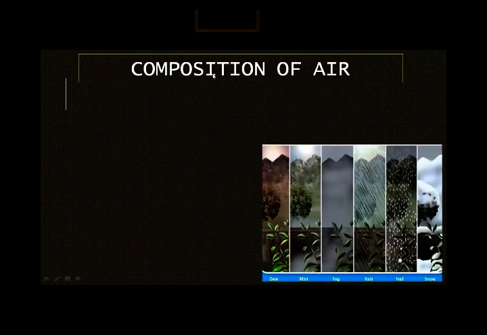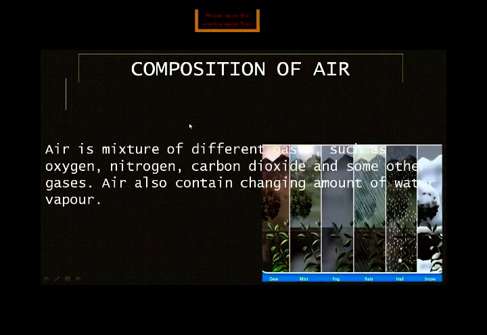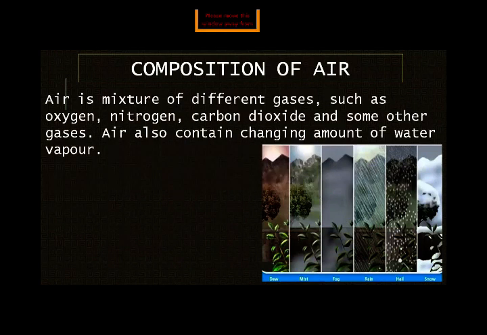It is because of the composition of the air and the changing water vapor. Air is a mixture of different gases such as oxygen, nitrogen, carbon dioxide and some other gases. Air also contains a changing amount of water vapor.